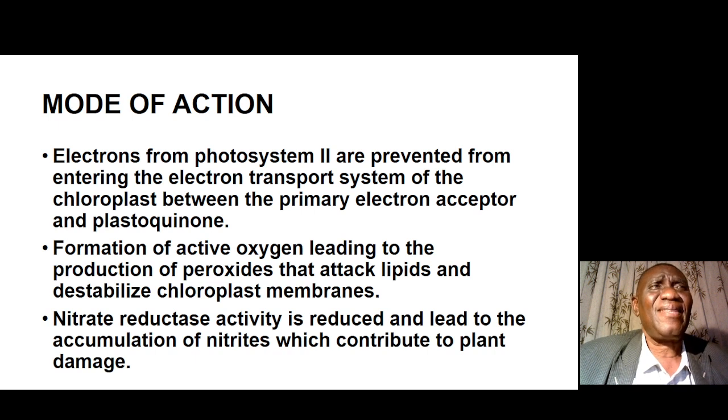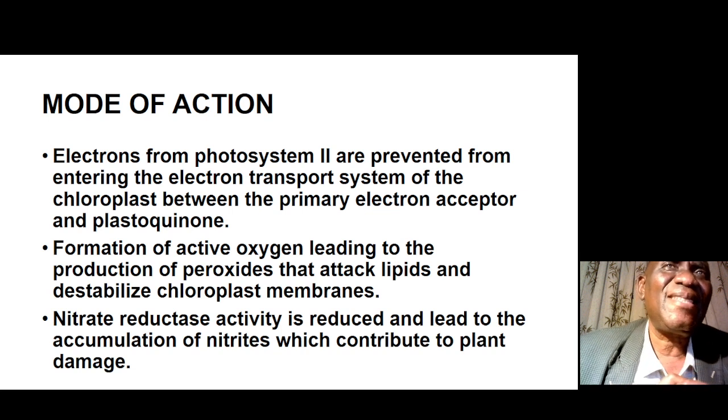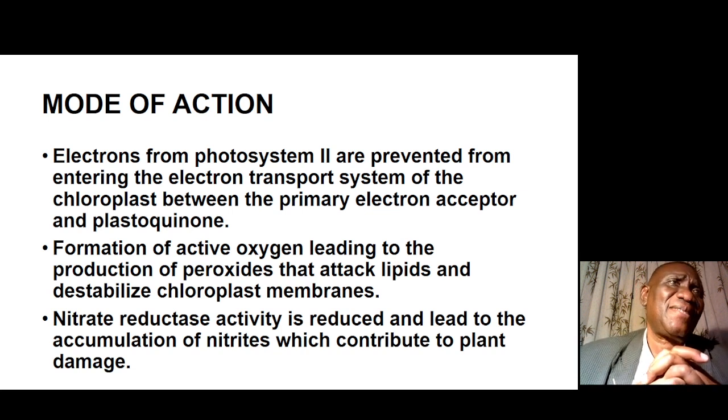As a result, this can lead to a lot of oxygen, production of peroxides, which will actually destroy chloroplast membranes. No wonder why there are these browning effects on the leaves. Also, there is the production of nitrate reductase, which can accumulate nitrites, which also tend to damage the plant.